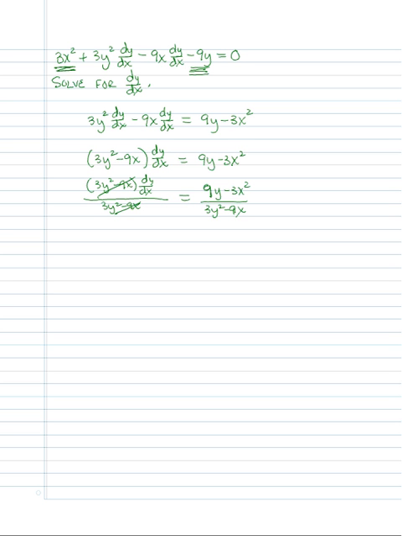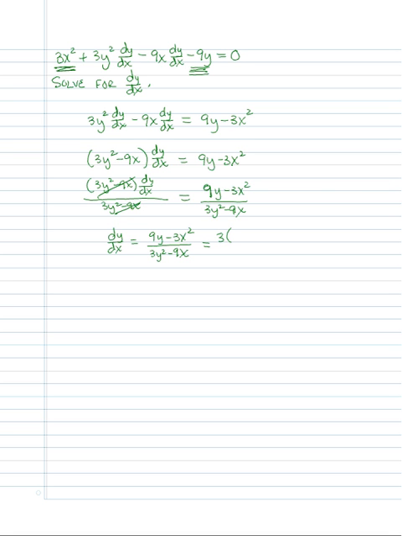Okay, so I have the derivative of y with respect to x is equal to 9y minus 3x squared divided by 3y squared minus 9x. And I don't know about you, but I'm recognizing that there's a common factor of 3 in the numerator and denominator.